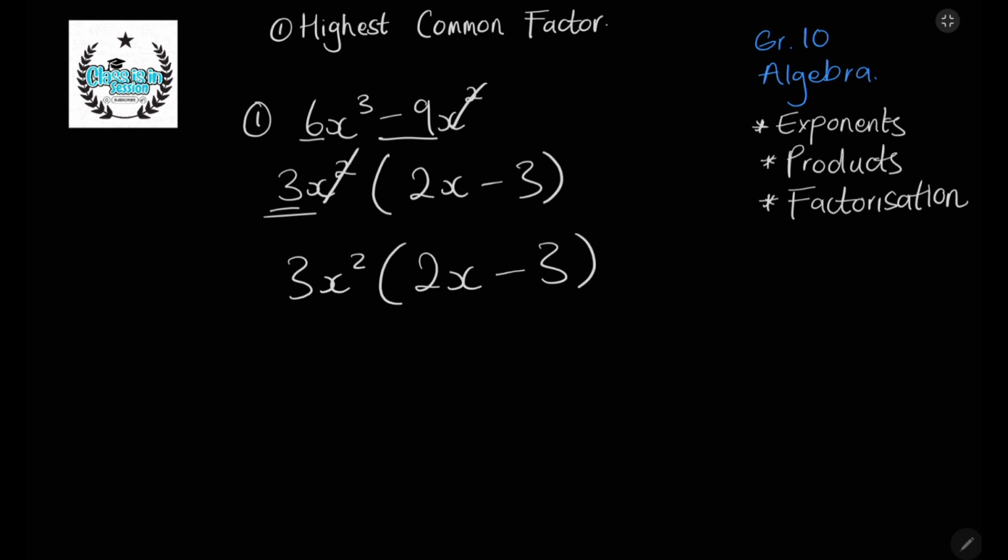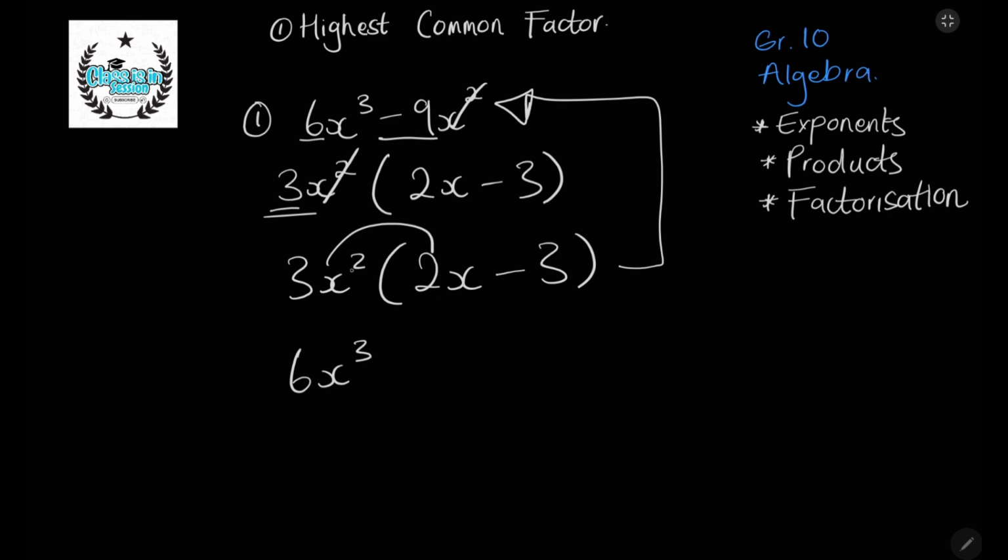After you factorize, you can always distribute it. Remember how I taught you guys in products. This times that, this times that. However, if you're uncertain about your answer, when you distribute it, it should take you to what you had there. So you have 3x squared times 2x. 3 times 2 is 6. Then x squared times x.